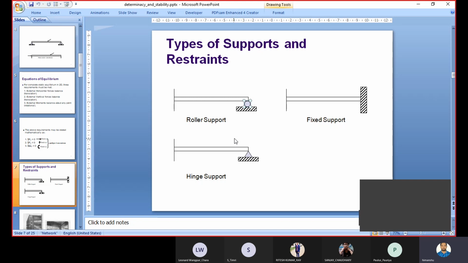It is free to roll, but it cannot go in the vertical direction. It is free to move in the z direction, but it is restrained in the y direction.